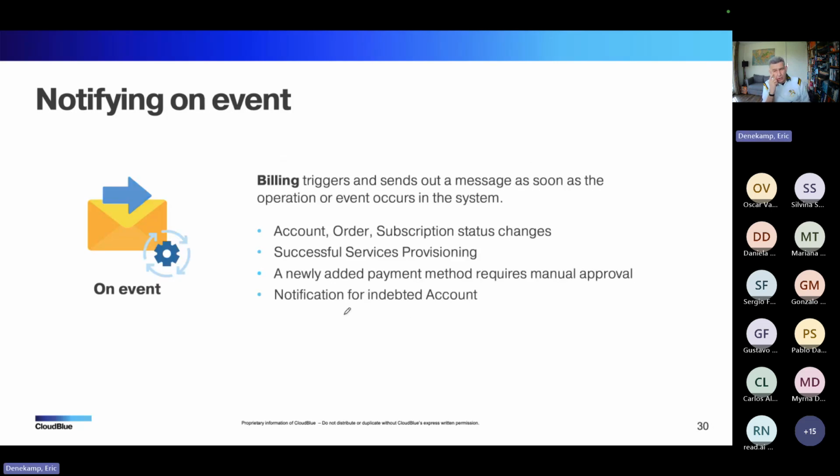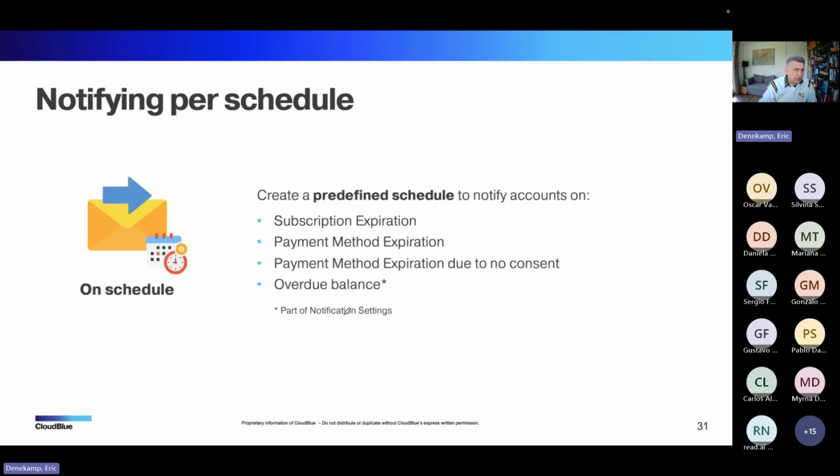And we have those on-event notifications as well. In our system, a lot of things are driven by events, and we can use those events to send out an email. Per schedule is the most used item.